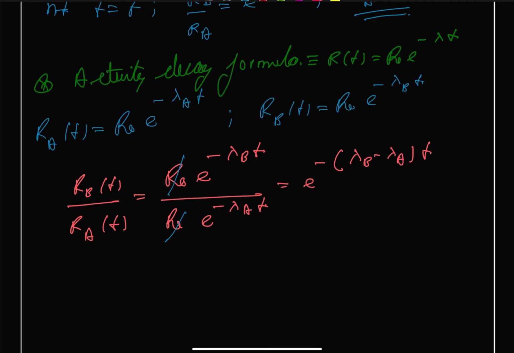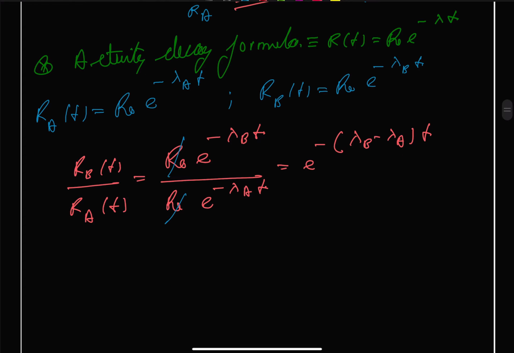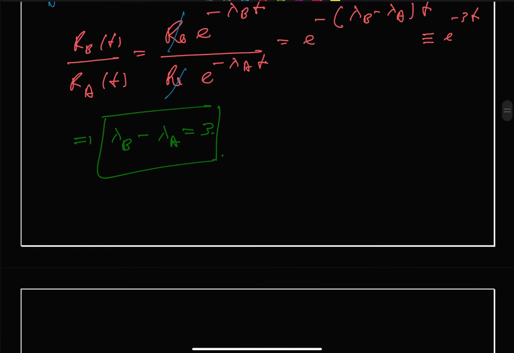And this ratio is given as e raised to power 3t. So from here, we can equate that this is equal to minus of 3t, which gives us that lambda B minus lambda A is equal to 3. And the half-life of A is given to us.